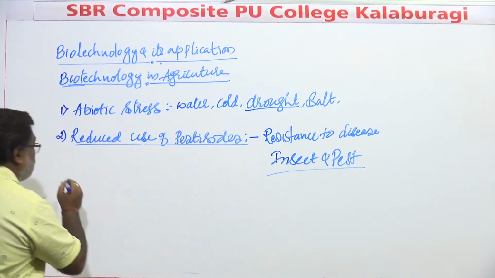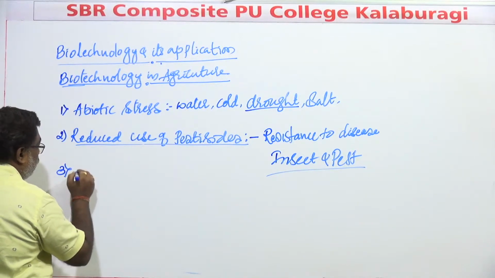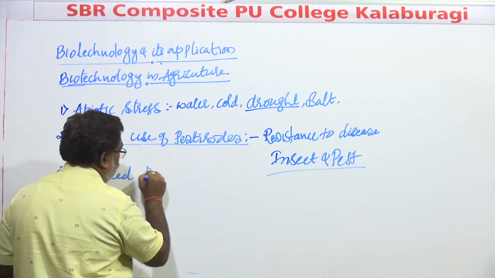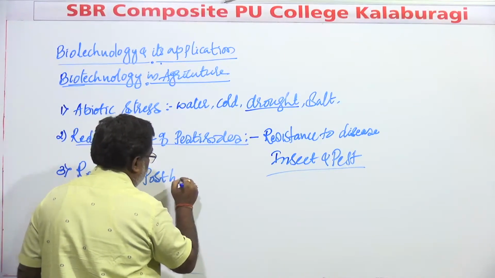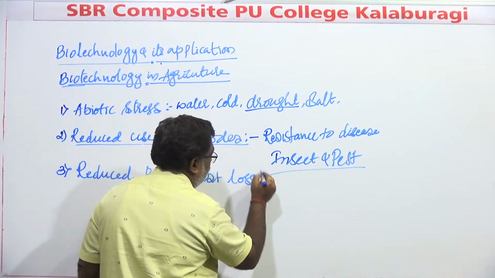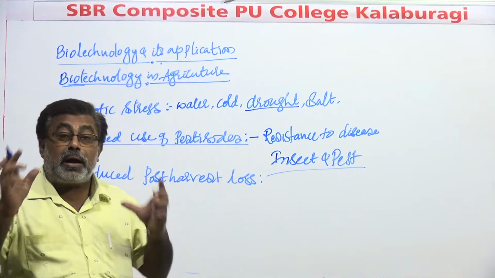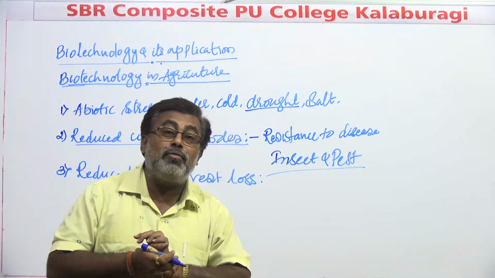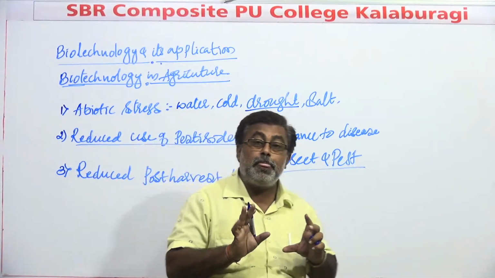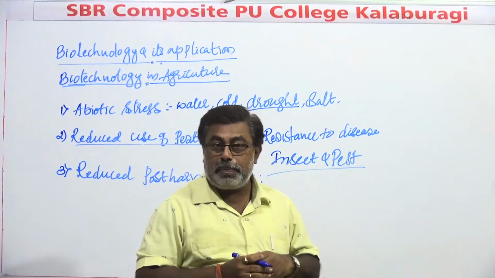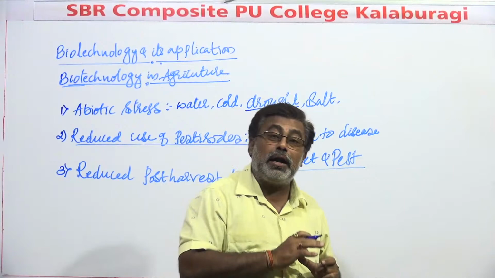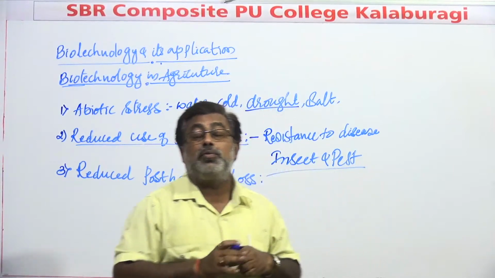The next one is reducing post harvest loss. Before harvest, loss takes place, and after harvesting, loss also takes place.